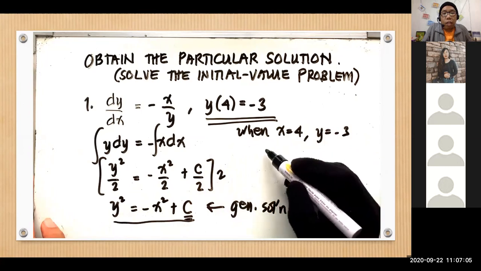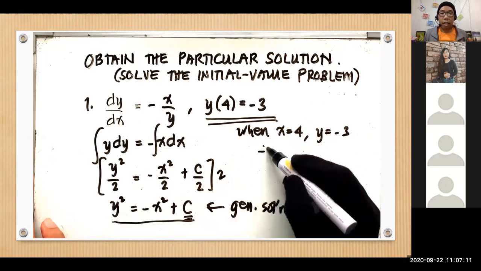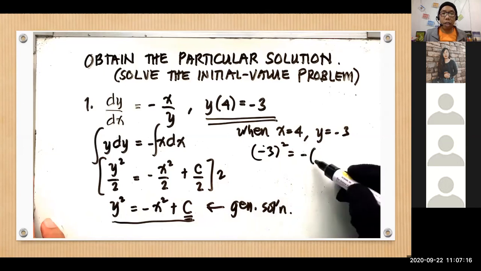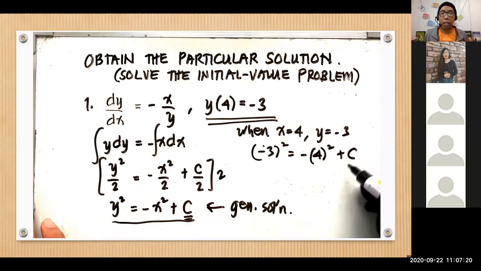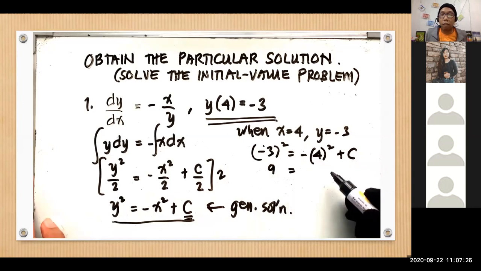So ano yung value ni y? It's minus 3. So you have minus 3 squared equals negative. Ano yung value ni x? 4 squared plus c. So masolve natin yung value ni c. Minus 3 squared is 9. 4 squared is 16.